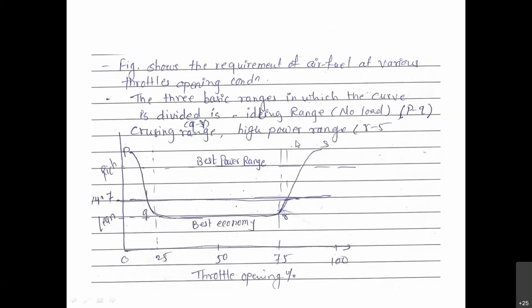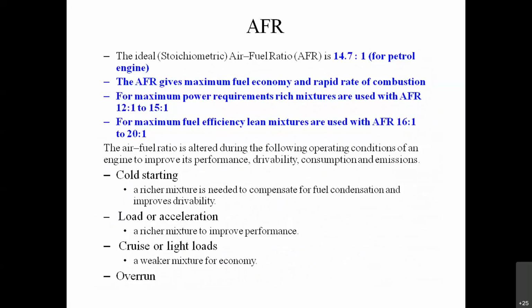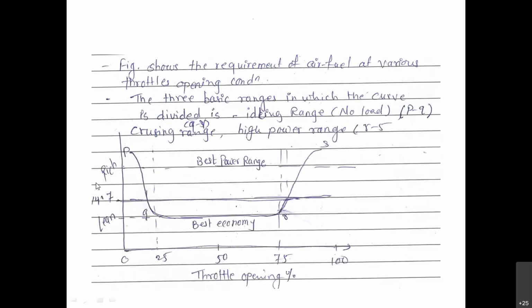And for the high power range, whenever the load on the engine is increasing, it uses the rich mixture, where we need to supply more fuel. Rich mixture means it is less than 14.7:1, where 14.7 represents the air ratio and 1 is the proportional fuel ratio.